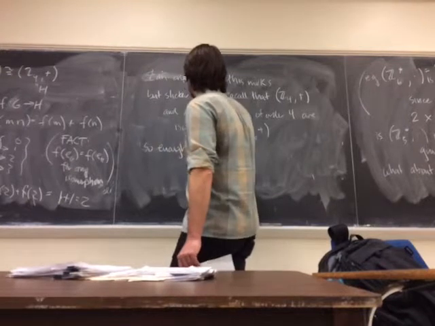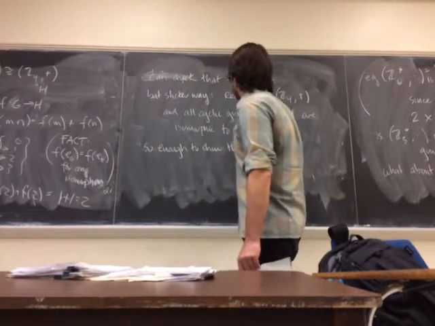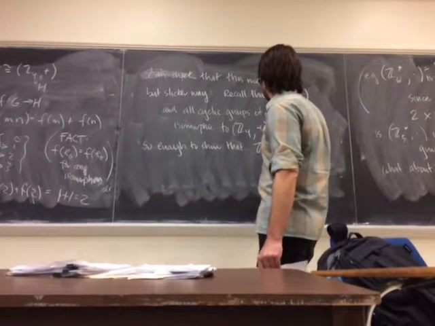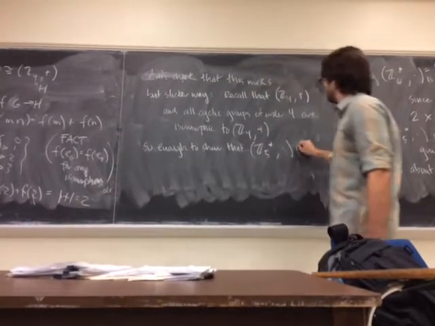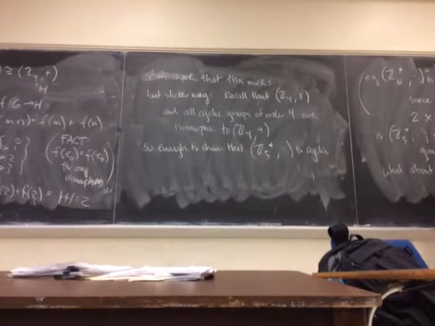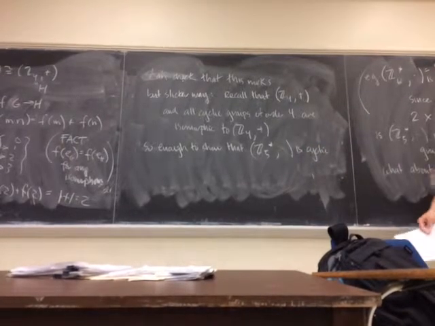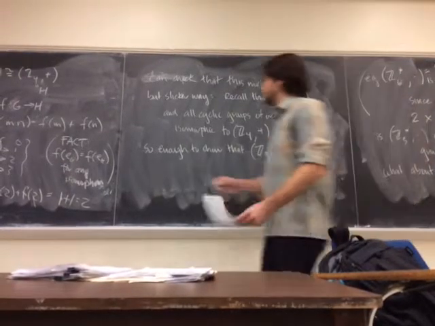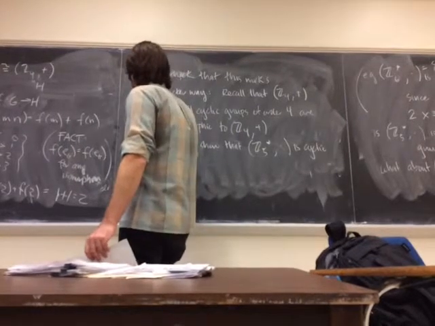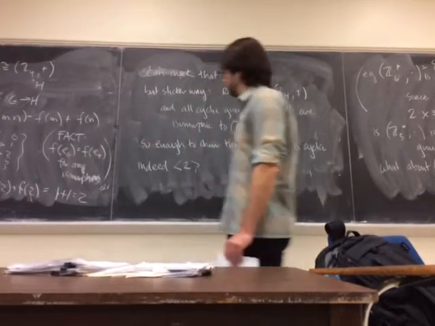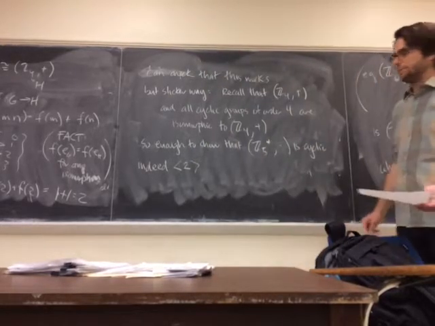So it's enough to show that Z5 star under multiplication is cyclic. And that's sort of easy, right? Because you just find a generator. What's a generator? Yeah, 2 is going to work. Indeed, if I take the element 2 inside Z5 star, what do I get?